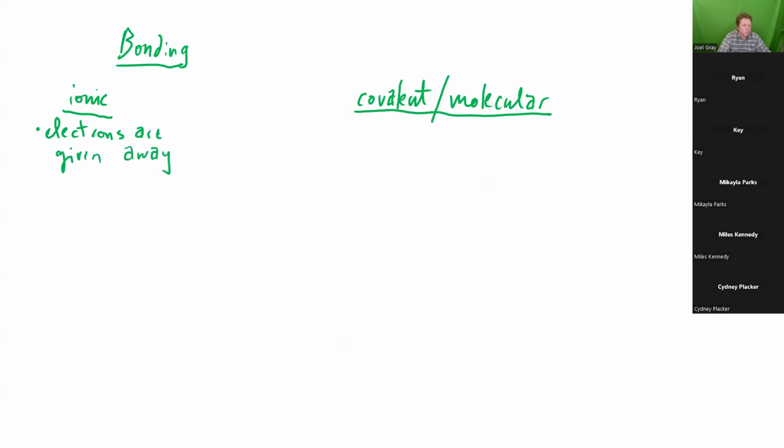In covalent or molecular bonding, electrons are shared. So we're going to focus a little bit more on covalent or molecular bonding, where we're sharing electrons compared to where we're giving up electrons. And that's all because of the importance and the relevance to biochemistry.